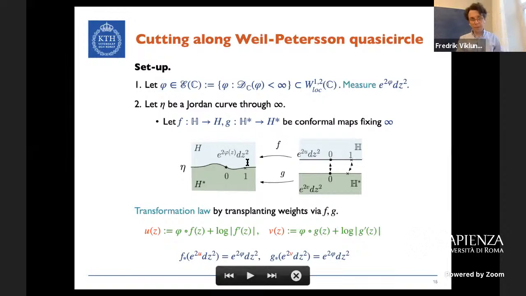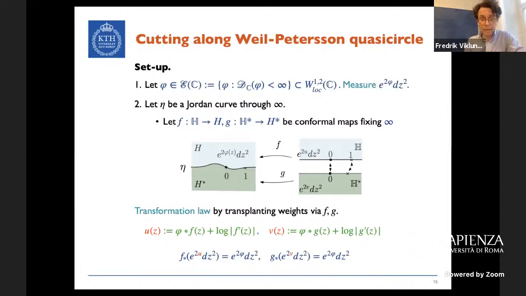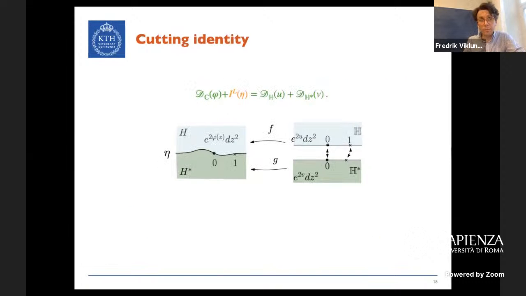So u is by definition phi composed with f plus this log term involving the derivative.